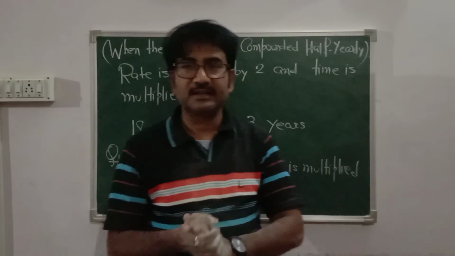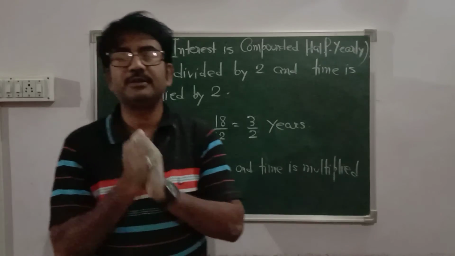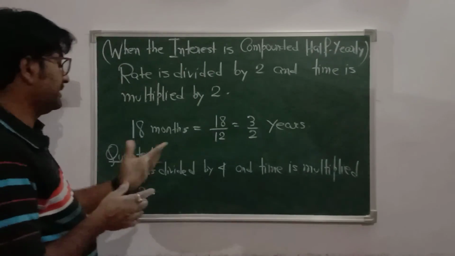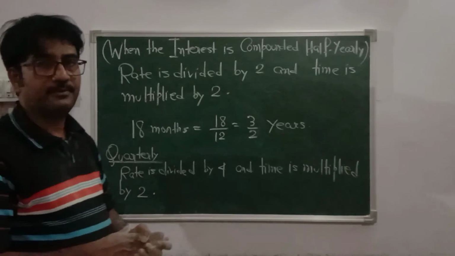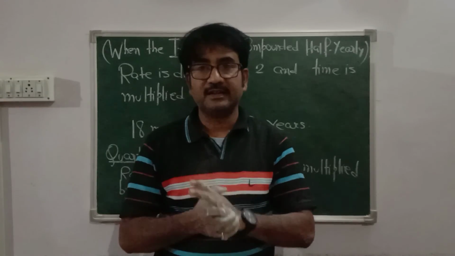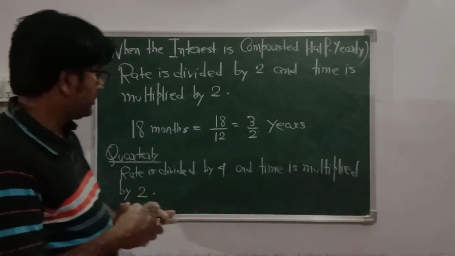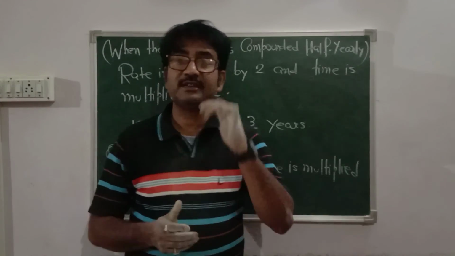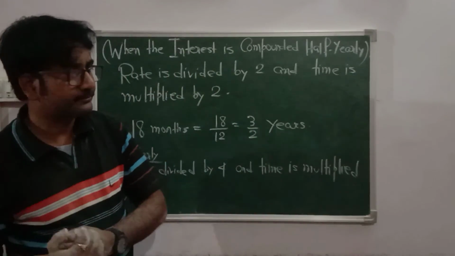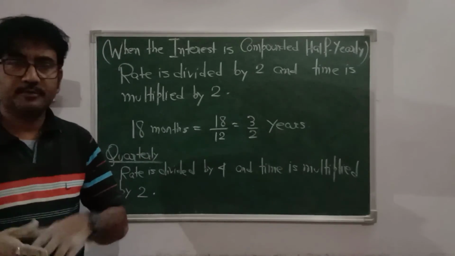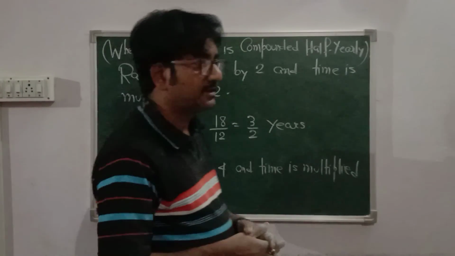Suppose it is 1 year, so you multiply 1 by 4, you get 4 quarters. And similarly, whatever rate is given, divide the rate by 4. That will be the rate per quarter, and the time will be the number of quarters. So 1 year you have 4 quarters, 6 months you have 2 quarters, 9 months you have 3 quarters, like this.